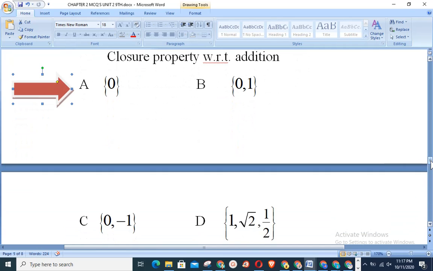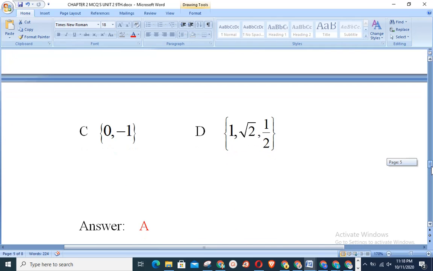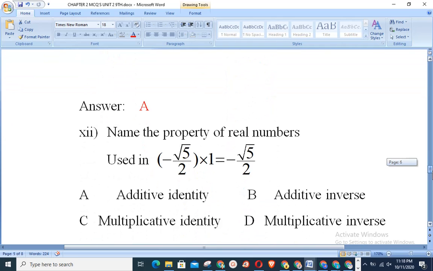That answer is available in the set. In this case, 1 plus 1 answer is 2, that is not available in this set. Same in option C, -1 plus -1 is equal to -2, not available over here. And here again 1 plus 1 results in 2. You are having √2 as well as 1/2, but 2 is not available. So option A is the most suitable correct option in this case.